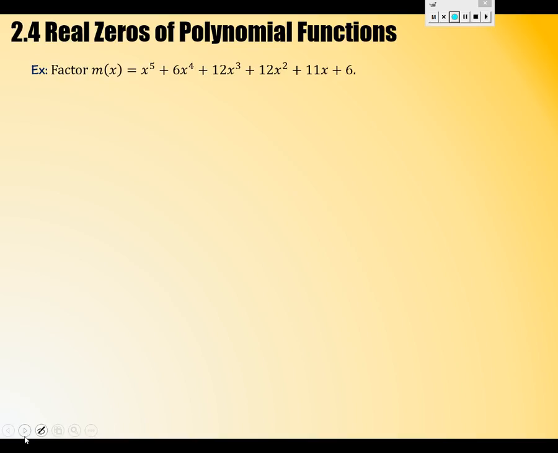We got one more value. X squared plus 5x plus 6. No, we can still try negative 1 again in the new equation.